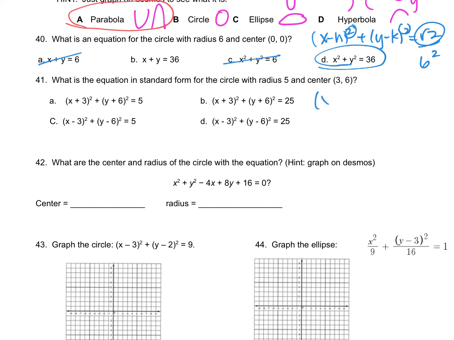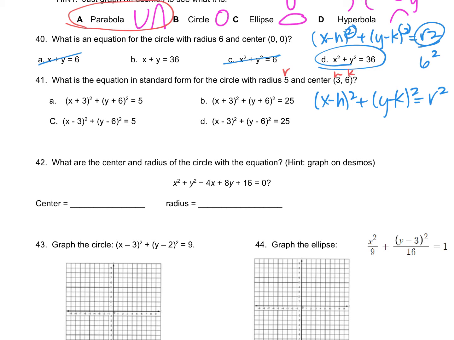Same thing on the next one. It's (x minus h) quantity squared plus (y minus k) quantity squared is equal to r squared. So let's just plug and chug. We know that this is h and this is k and this is r.